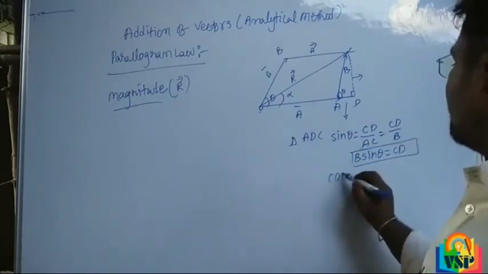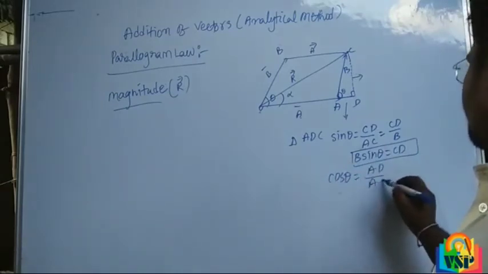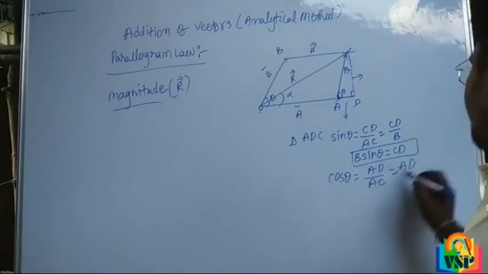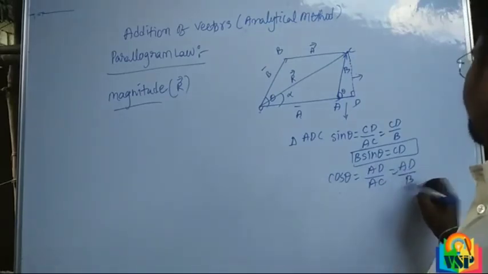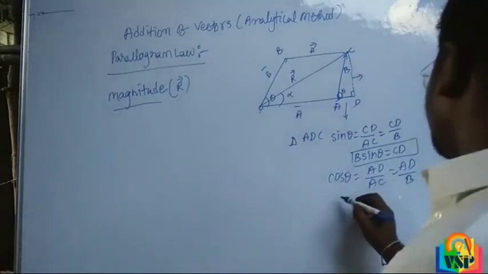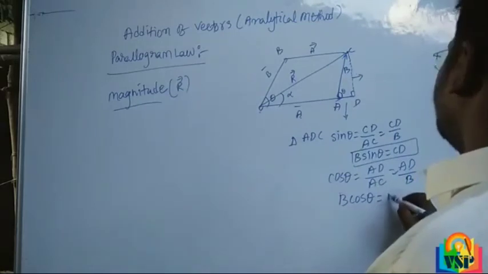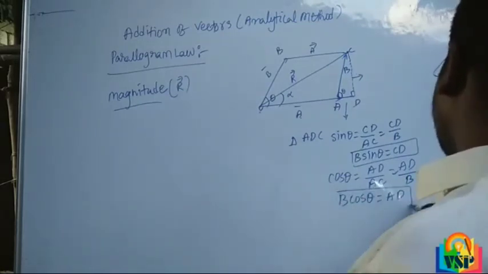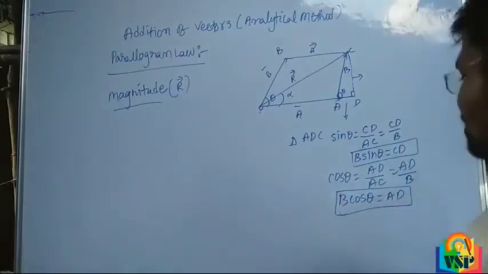Next, cos theta is equal to adjacent side AD by AC. AD is a distance, AC means B. So B cos theta is equal to AD.